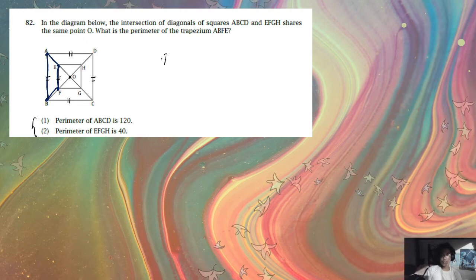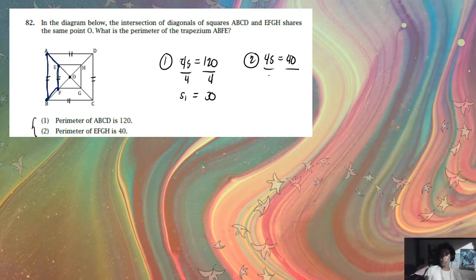So for the first one, the bigger square, that's going to give us 4s is equal to 120, and for the second square, that's 4s is equal to 40. Dividing both sides by 4, therefore the side measurement of the bigger square is equal to 30, and the side measurement of the second square, or the smaller square, is equal to 10.